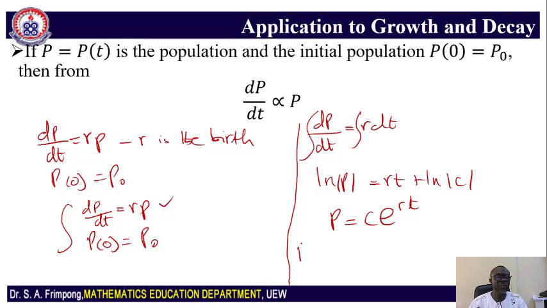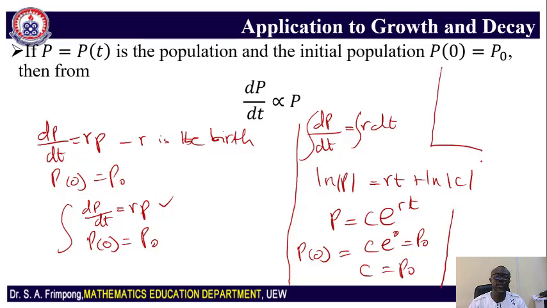Now with the initial population P(0), that's at time t equal to 0, we're going to have C times e raised to the power 0 equal to P naught. So that means our C is equal to P naught. And for that matter, we can say that our population P(t) is equal to the initial population times e raised to the power the birth rate times time.